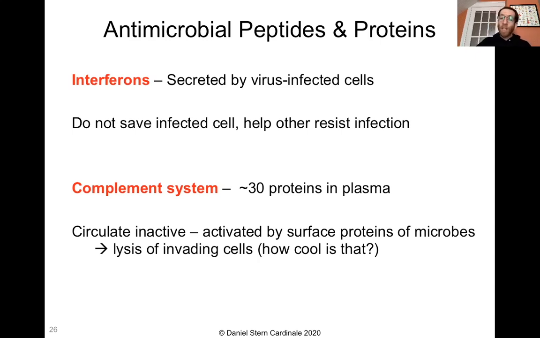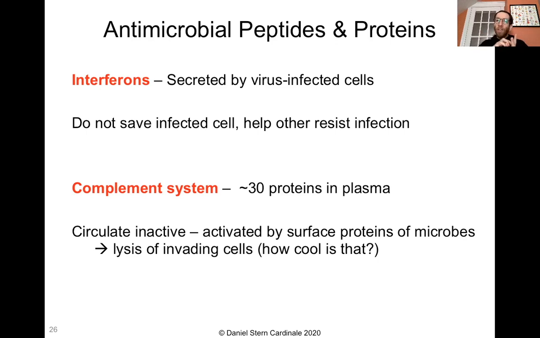And then we have something called the complement system. We're going to get into this a little bit more next time because it's related to the adaptive immune response. But this is a group of 30 or so proteins that circulate in the blood plasma. And they circulate in their inactive form, but they're activated when they bind to surface proteins of microbes.